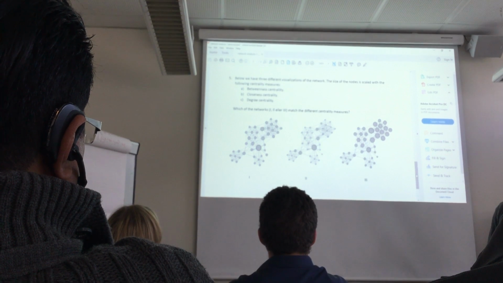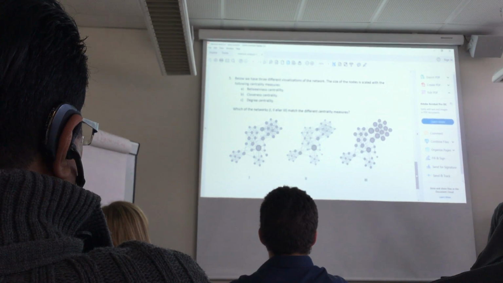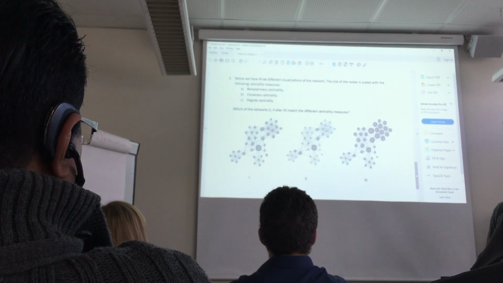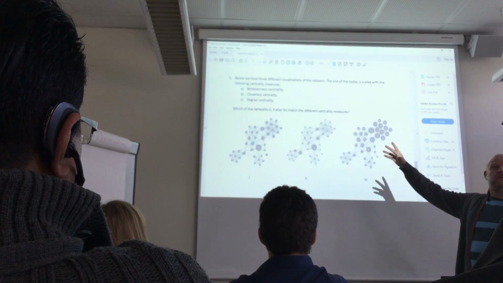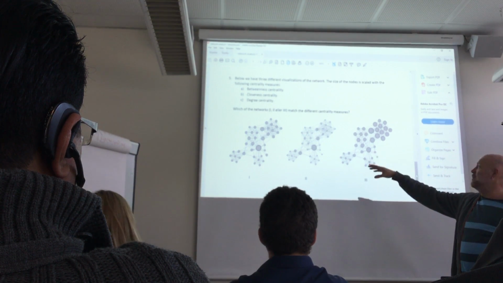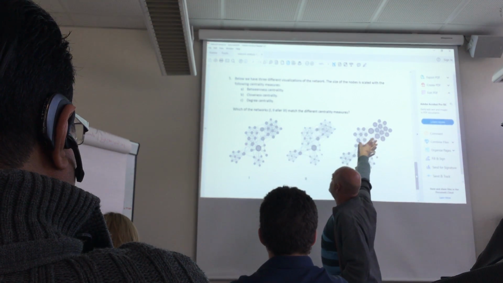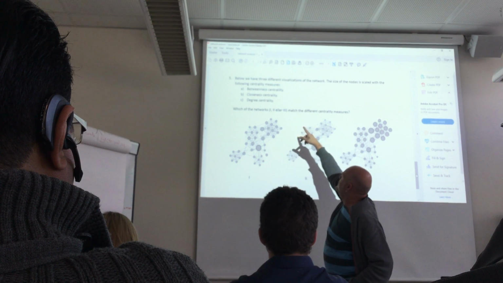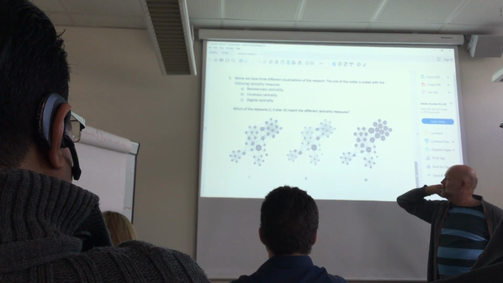Any arguments for which one is what? If you have used the degree and say the degree is over here, let's just keep that. Which one is then between this? Yeah, I think it's 2. 2.